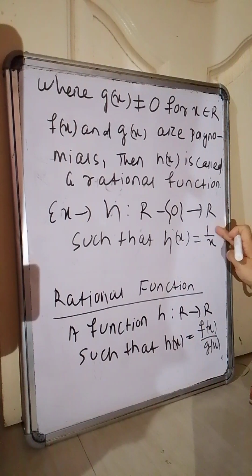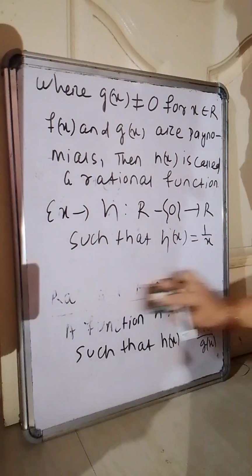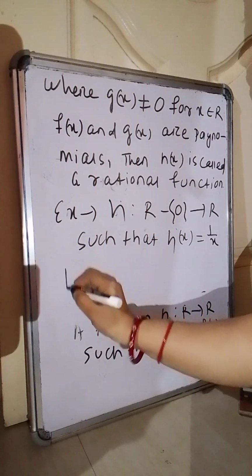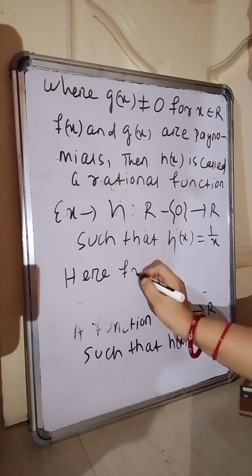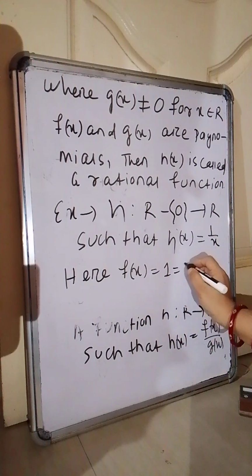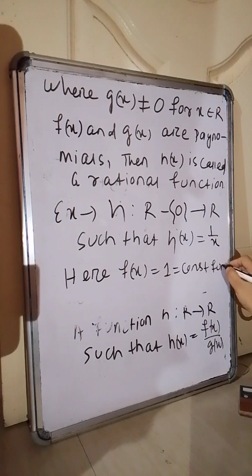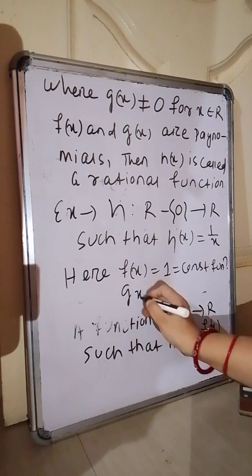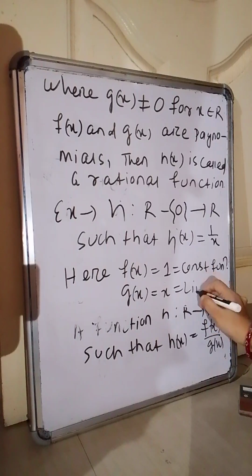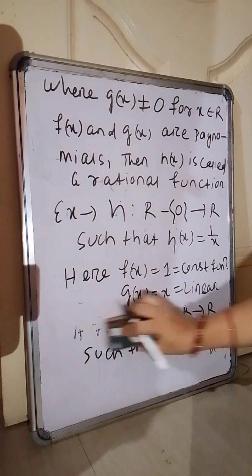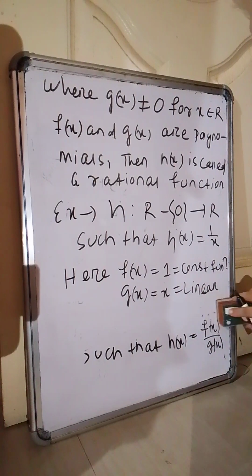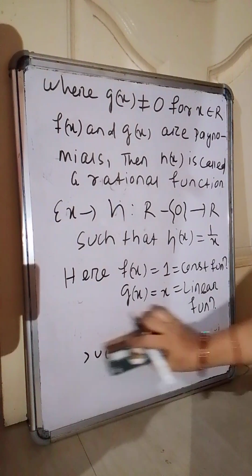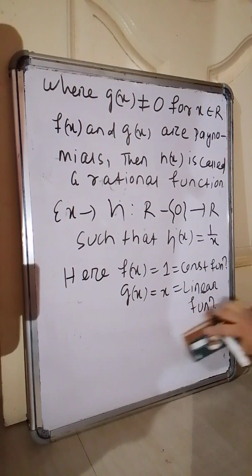In this case, see, f of x is 1, which is a constant function, and g of x is x, which is a linear function.